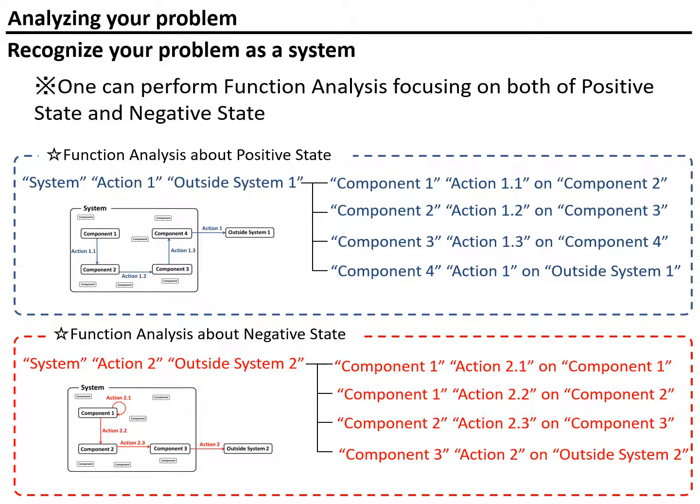Similarly, this could be performed for the negative state as well: the system, action 2, outside system 2. This is subject, verb, object. Then this function could be broken down into the functions related to the negative state.